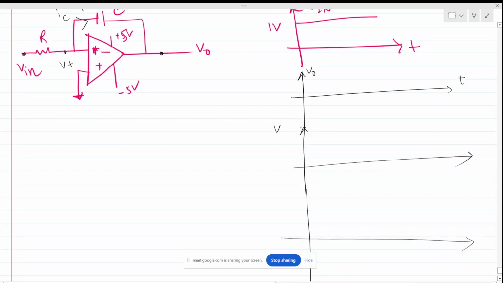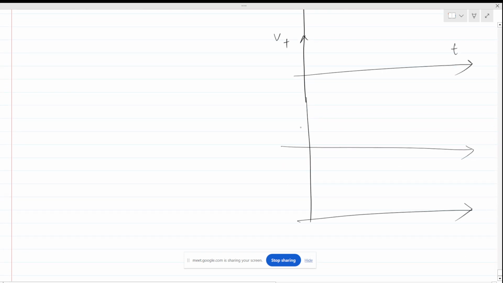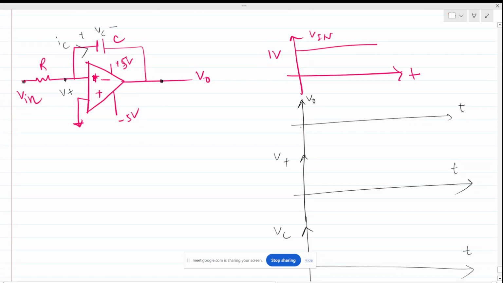Let's say V plus versus time. Let's say this is VC versus time, and this is IC versus time. So we need 4 plots. Now how can we go for the solution? And the op amp is ideal with gain infinity.